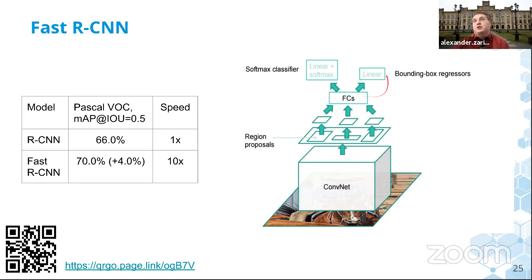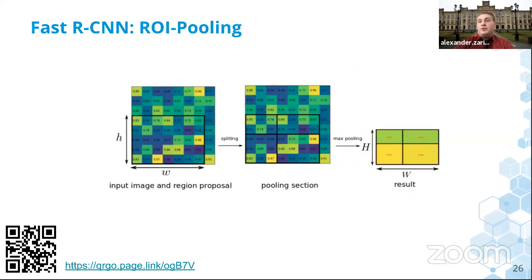Our classification network consists of two fully connected layers, which accept only fixed shape features. So we need to find a way to transform our arbitrary sized regions into fixed shape regions. This is the place where the famous ROI pooling algorithm steps in.